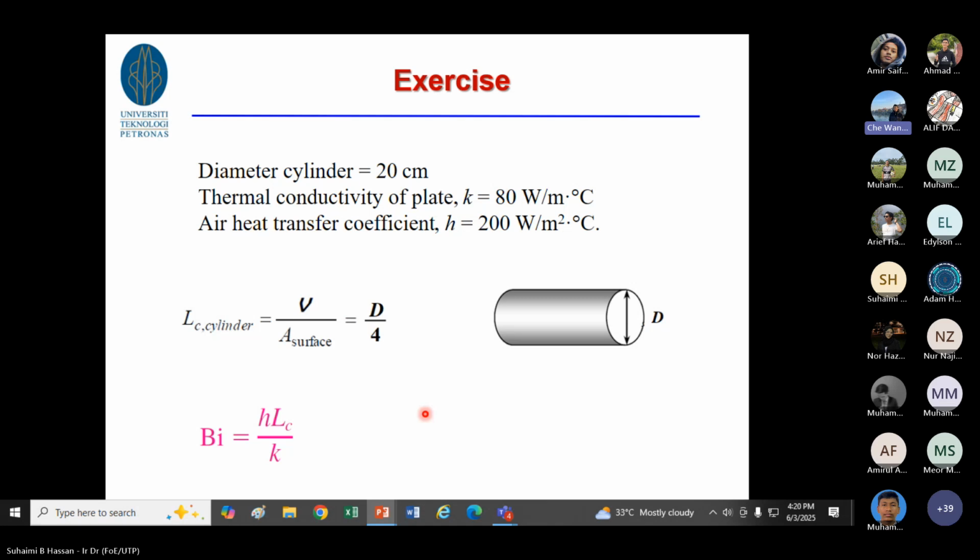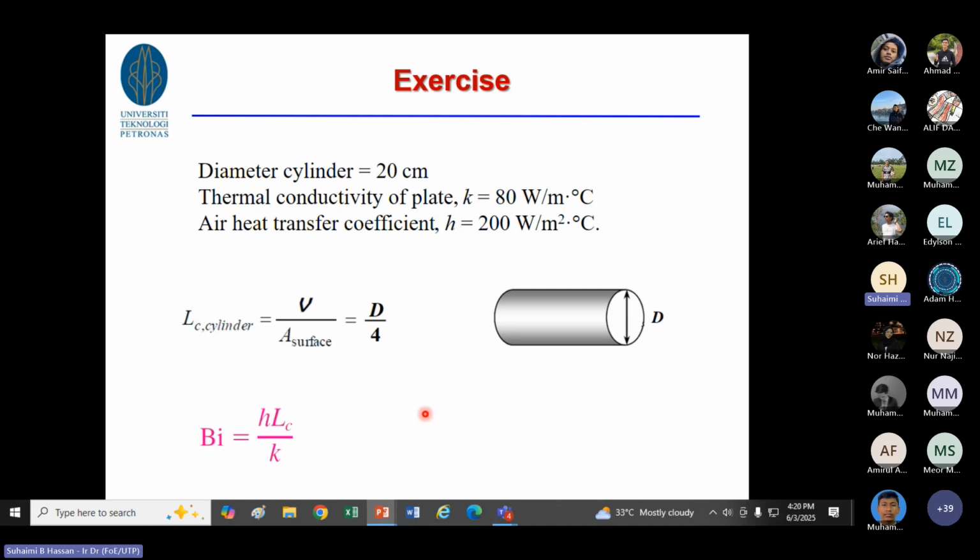So it is approximate, not accurate. You can say that you can proceed with LSA, but the answer is only approximate, not accurate. But actually for this situation, we are no longer using LSA because the Biot number is larger than 0.1, so we have to use the one-term approximation next week.